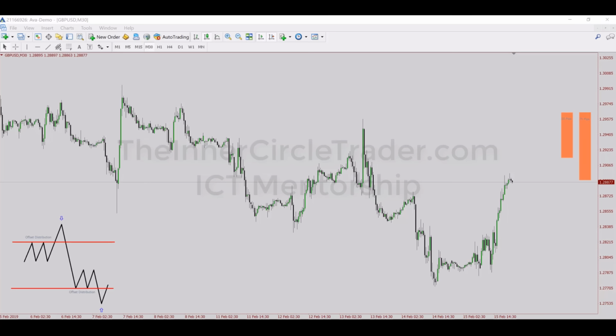So from a visual standpoint, over here, this is what you're looking at. You want to see an area where there is a single high or double high, in other words, like a double top. Either one of these scenarios will work when you're bearish.